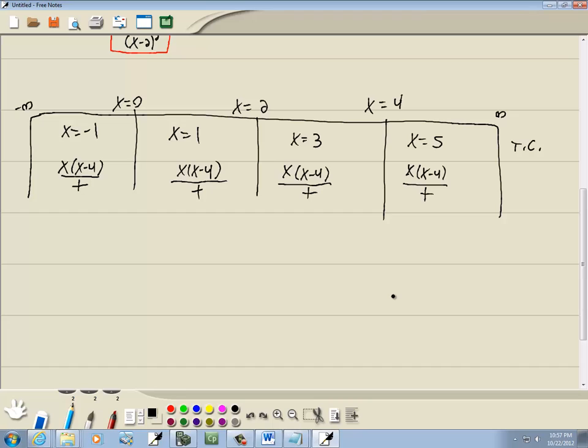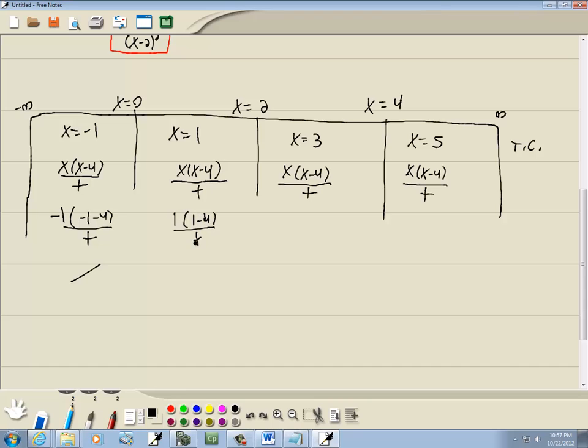Okay, so let's plug in negative 1. So we have negative 1 times negative 1 minus 4 over positive. Negative 1 minus 4 is negative 5. That's negative 1, that's negative. And this is negative. Negative times negative is positive. Positive divided by positive is positive. So this is increasing. If I put 1 in, I got 1 times 1 minus 4 over a positive. 1's positive, of course. 1 minus 4 is negative.